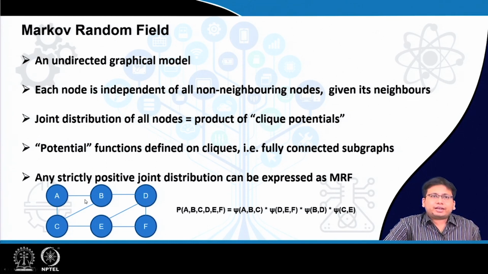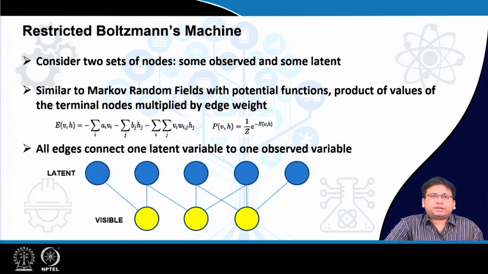So, in general we cannot say that C is independent of D, but we can say that C is independent of D given A, B, E. Similarly, we can also say that F is independent of A given D and E, right. So, that is the basic idea of Markov random field.